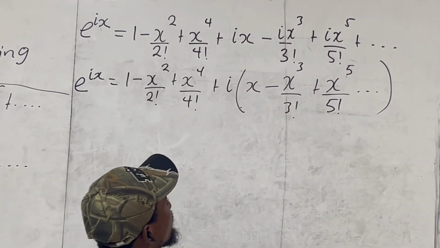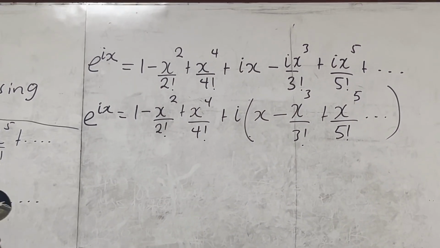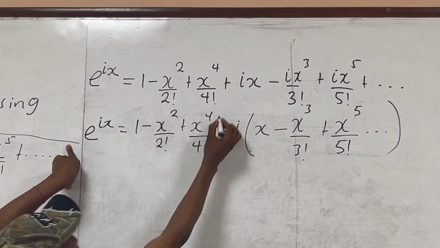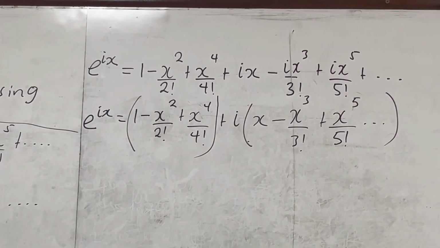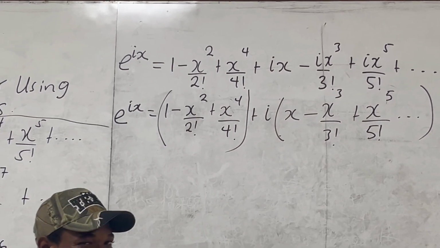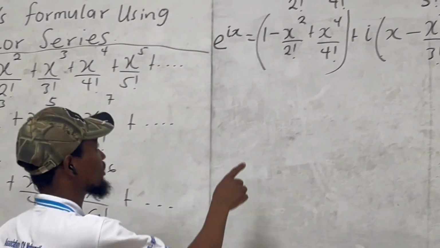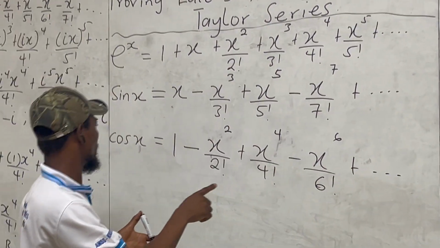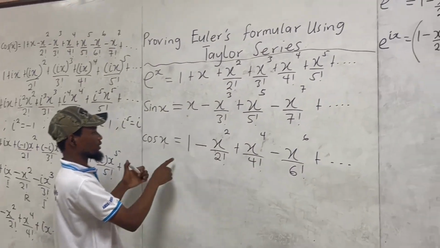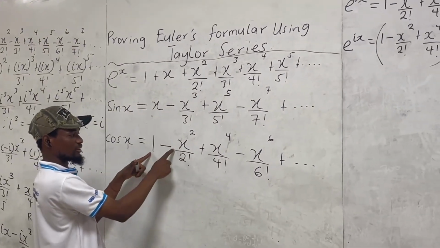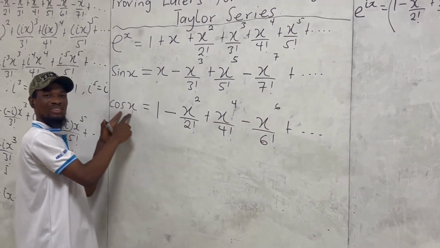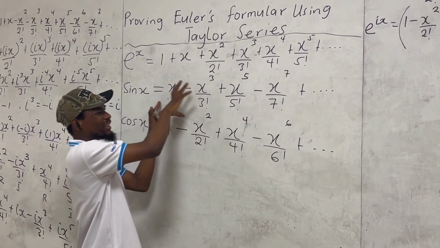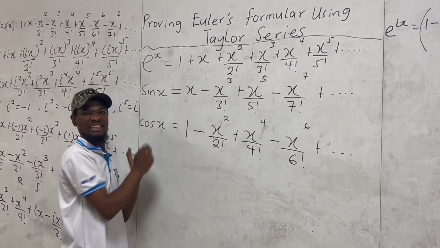Okay, so we have this and we have that. So what can we deduce from here? Now you realize that 1 minus this whole expression is cos x, and this whole expression is sin x.